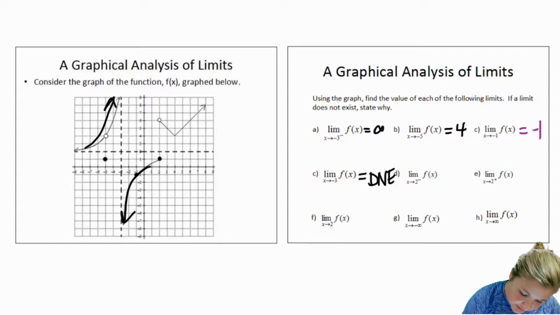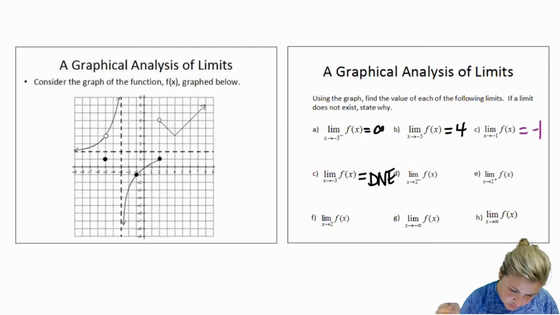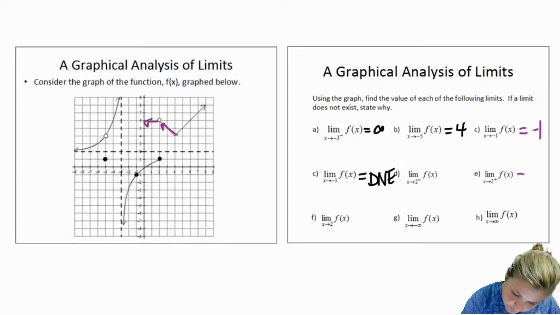This does not exist. As x approaches 2 from the right, it is going to approach this number here, which is 6. Oops, sorry, I skipped one.